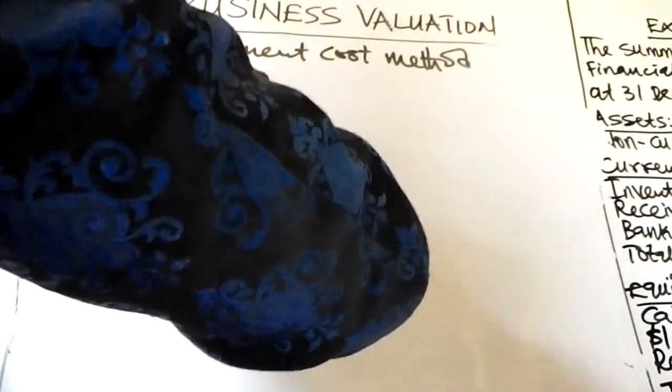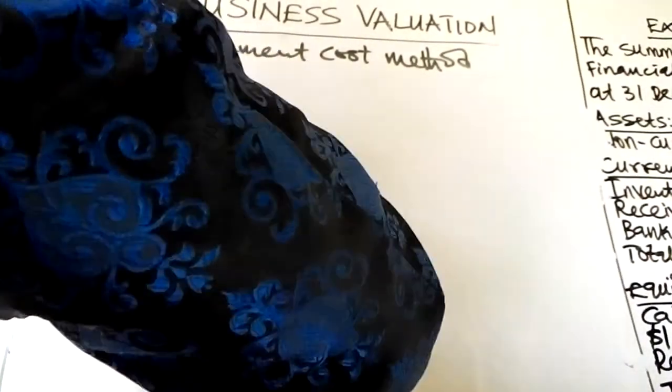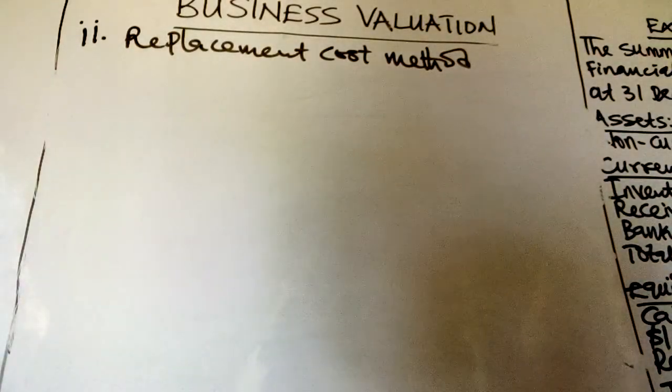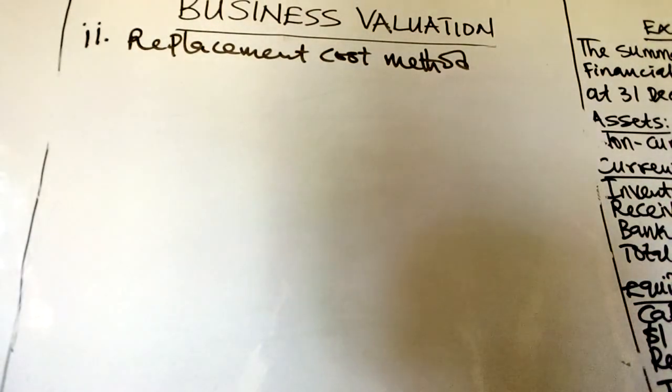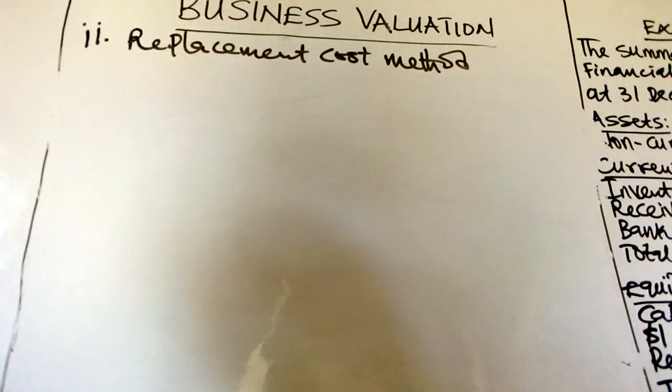I've told you that the cost in the open market means the value at which the asset could be bought or sold currently in the open market, that is at arm's length.